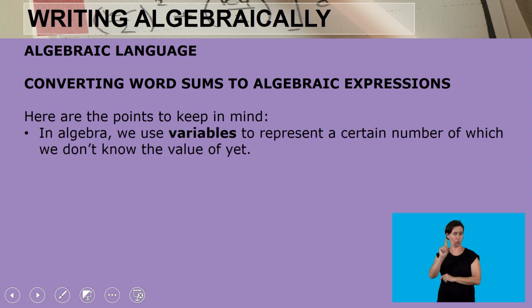So firstly, in algebra, we use variables to represent a certain number of which we do not know the value of yet. So when we use variables, it's to represent any number. It's just that at that moment, we do not know the value of that number yet.